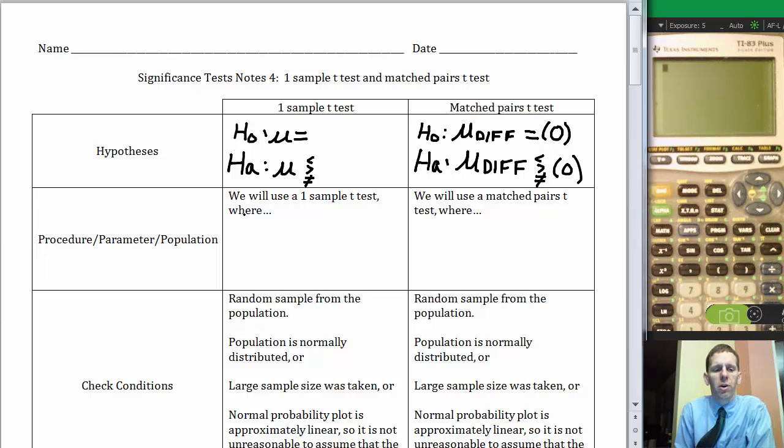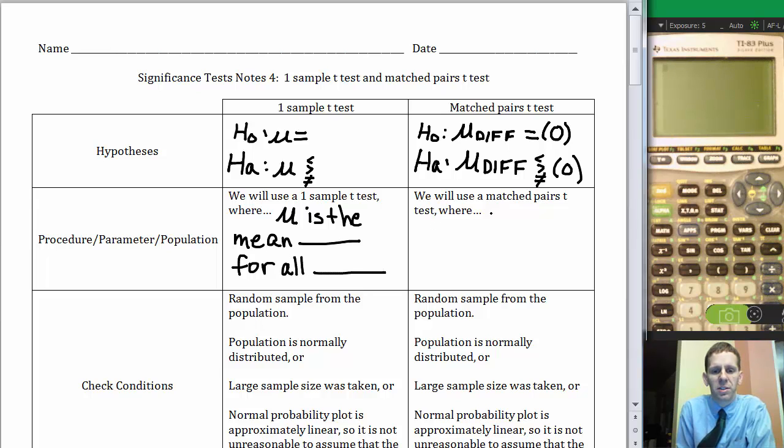So once you're done with your hypotheses, we identify the procedure, which is either going to be a one sample t-test or matched pairs t-test, the parameter, which is going to be mu, and the population, which will be whatever the population is. So for one sample t-test, mu is the mean whatever for all whatever the population is.